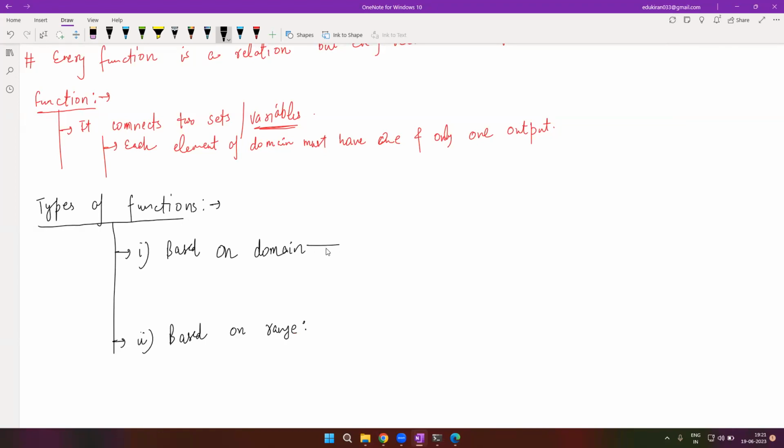Now, how did we define them? So based on domain, we have two types of function. First is one-one functions. They're also known as injective functions.